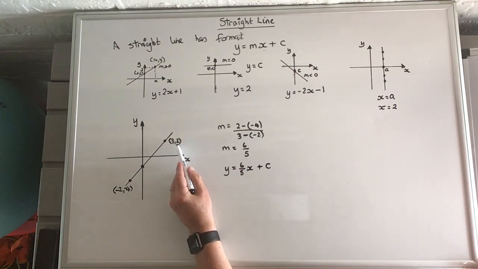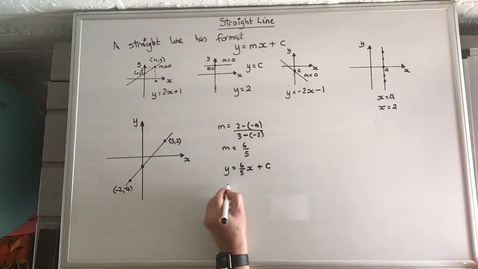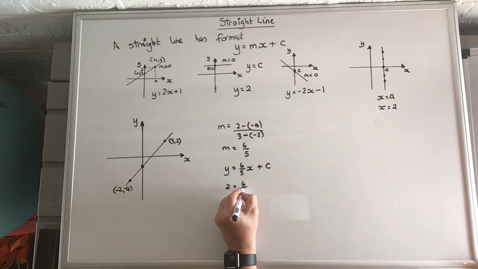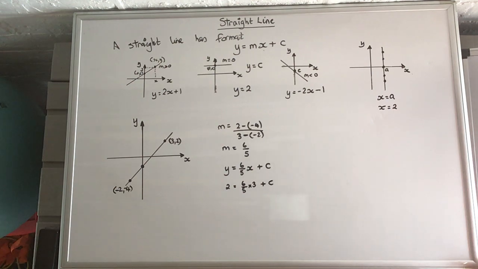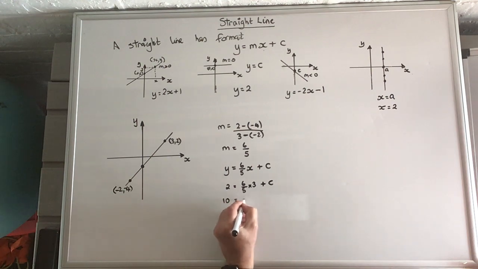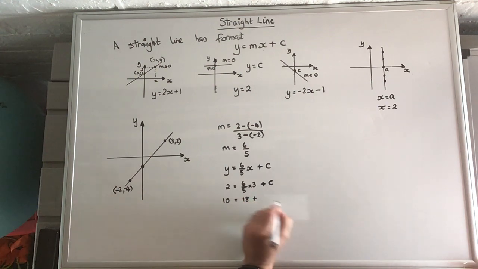Pick 3, 2, again just because it's easier. So y is 2, and we've got 6 over 5 times 3 plus c. So working that out, multiply through by 5 to get rid of the fraction, so that's going to give me 10 is equal to 18 plus 5c.